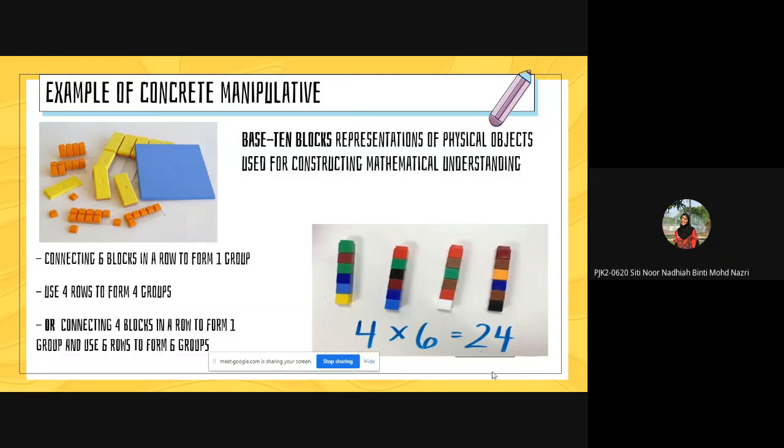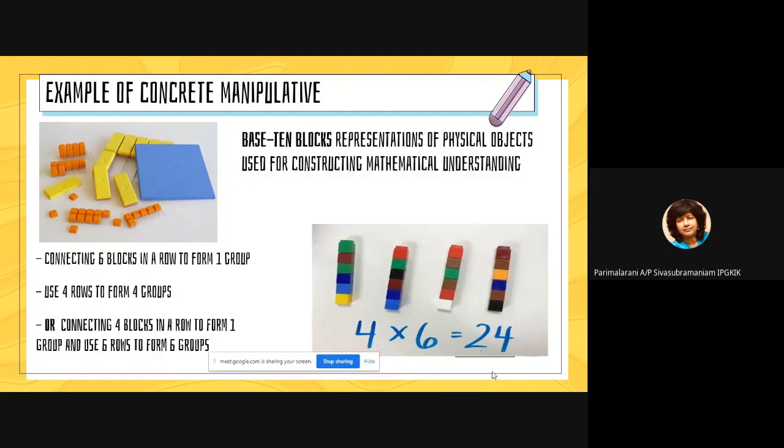Or we can connect only 4 blocks in a row to form one group and use 6 rows to form 6 groups. What model is this?